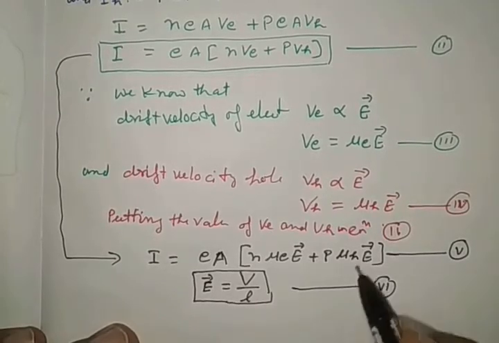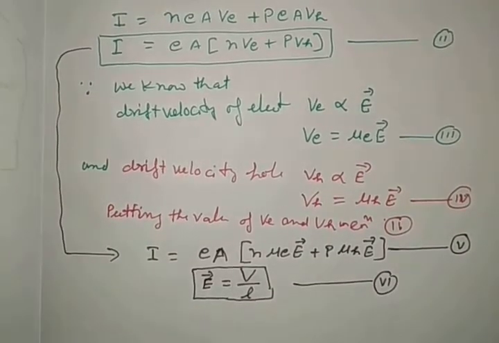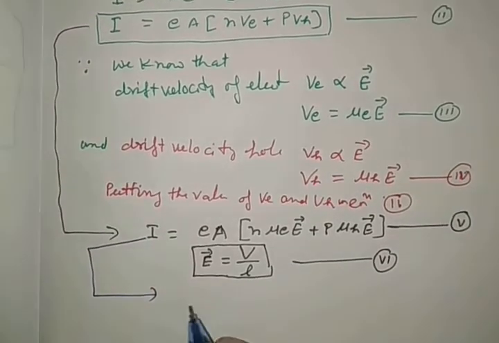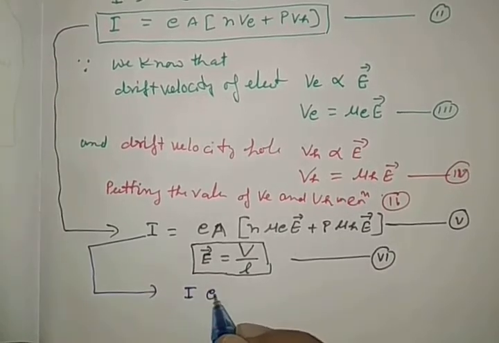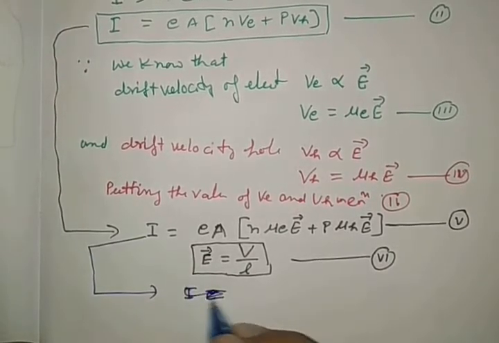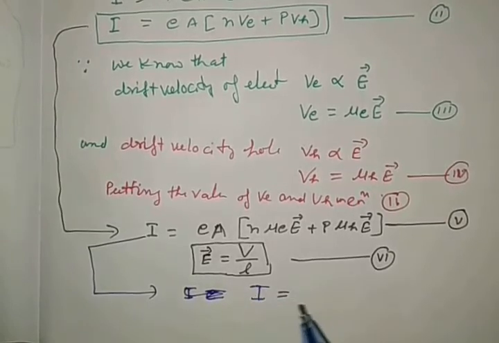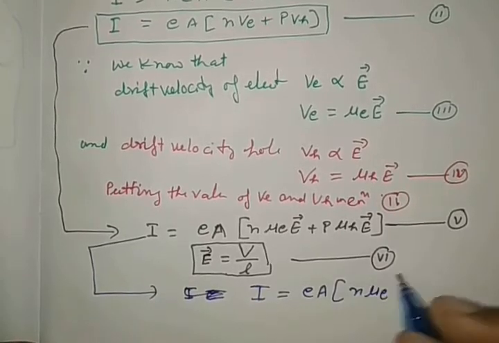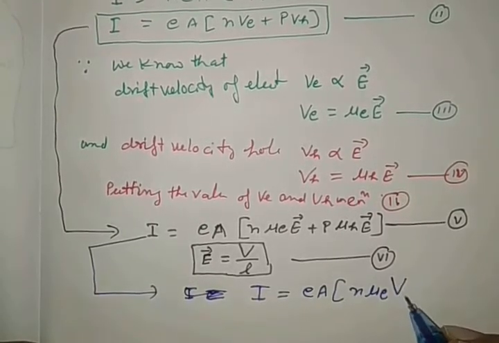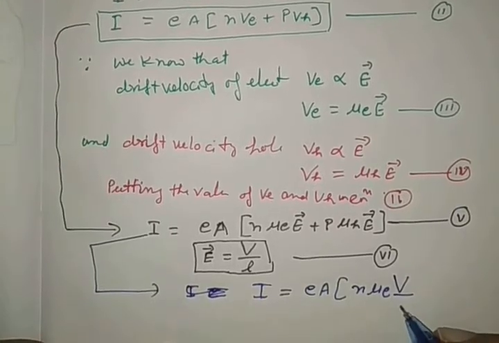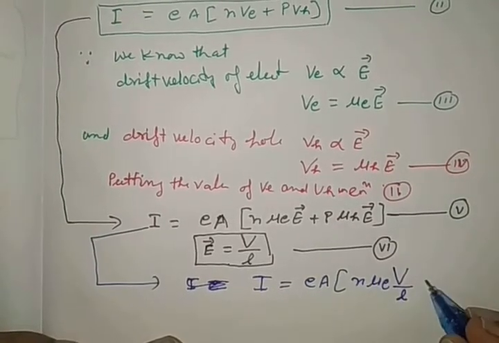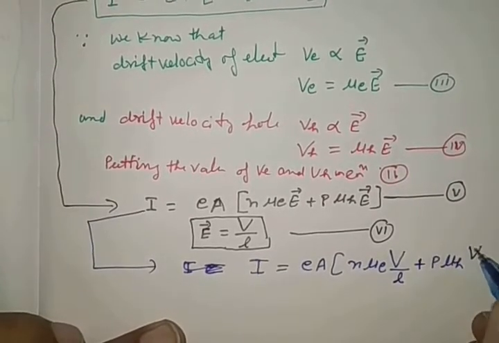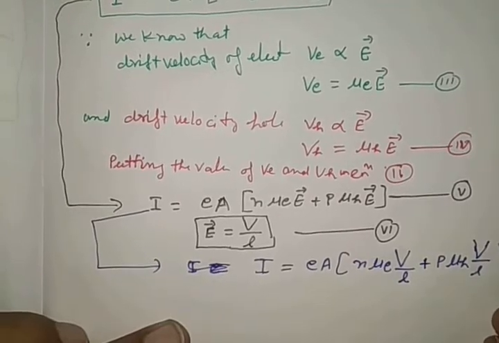Putting the value of E in the above equation, it can be written as I equals e A n mu E capital V by L, where V is the potential difference and L is the length of the wire, plus p mu H capital V by L.